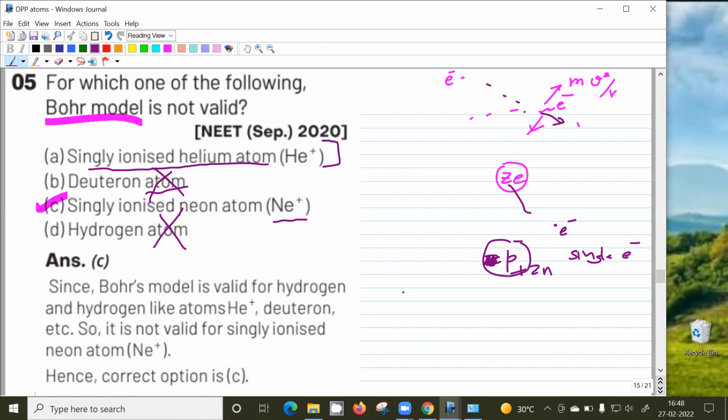What is next to helium? Lithium, right? Lithium has 3 electrons. Hydrogen, helium, lithium.